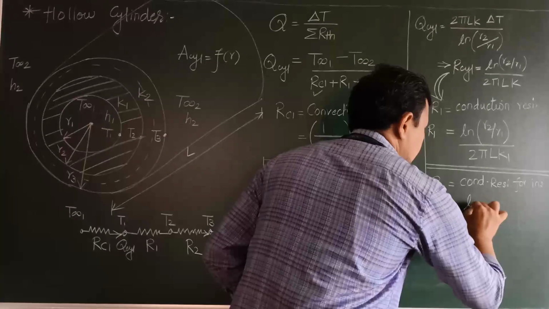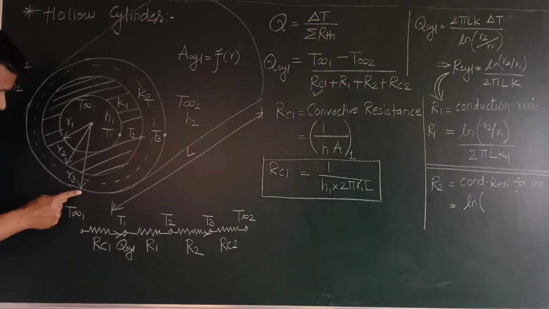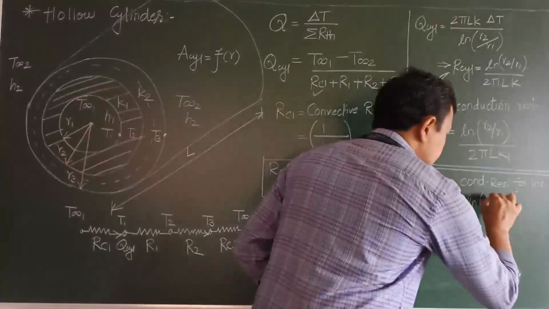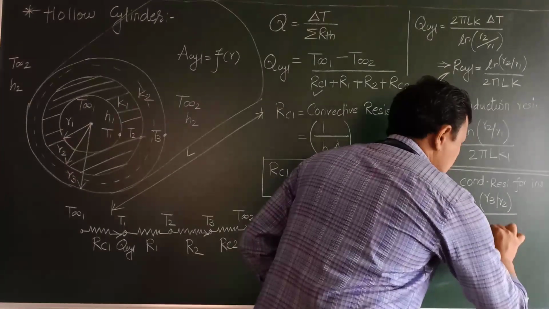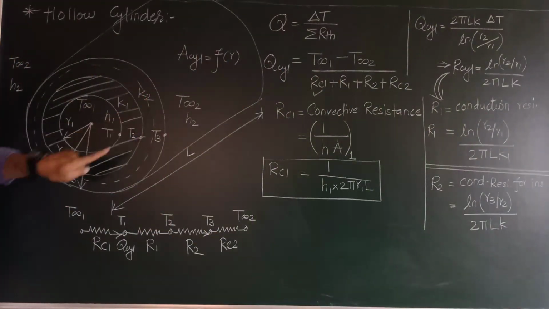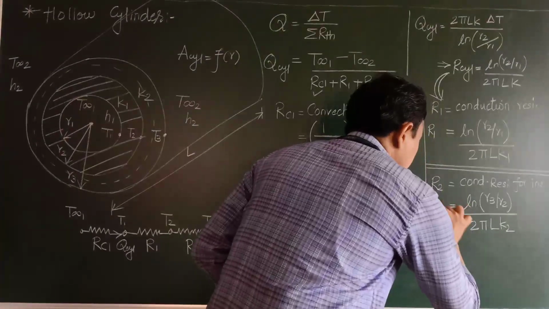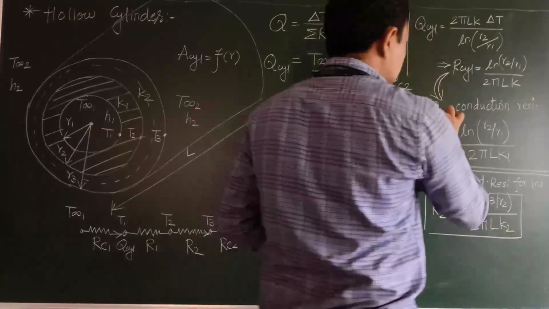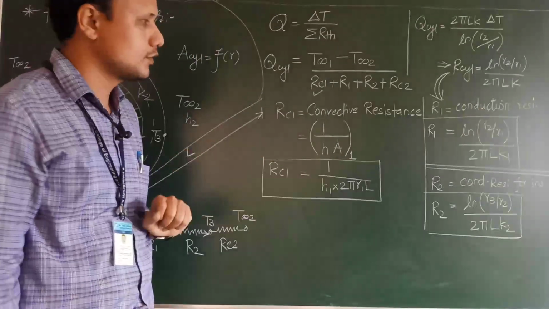So in this case it will be ln of R3 by R2, where R3 is the external radius and R2 is the internal radius, divided by 2 pi L K, and this K is of the insulation now, not the earlier K. So it will be K2. So now we have our third formula with us. In this way we have quantified the conduction as well as convection resistance for the cylinder.